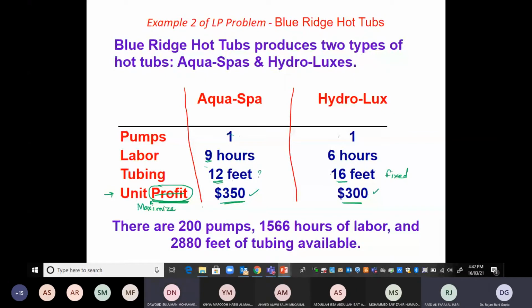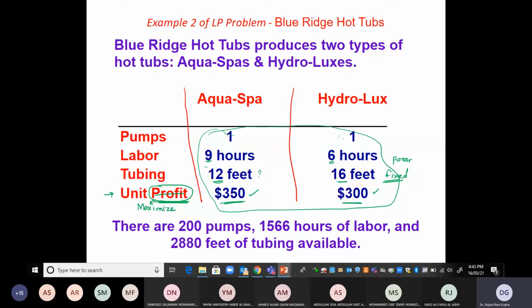Similarly, the 6 is fixed. Similarly, both types require one pump. So all these quantities which are numbers given over here are fixed, which means you cannot change them. These are out of your control. So these are known as parameters. Okay, got it?